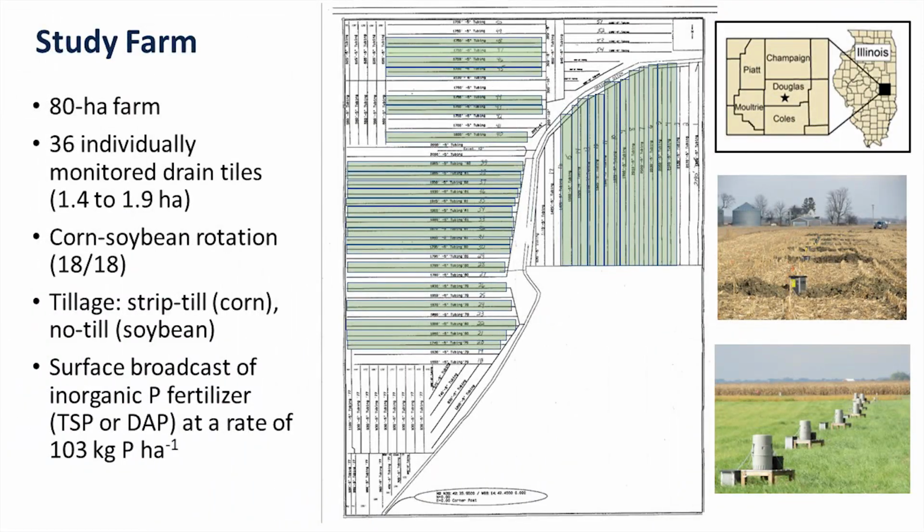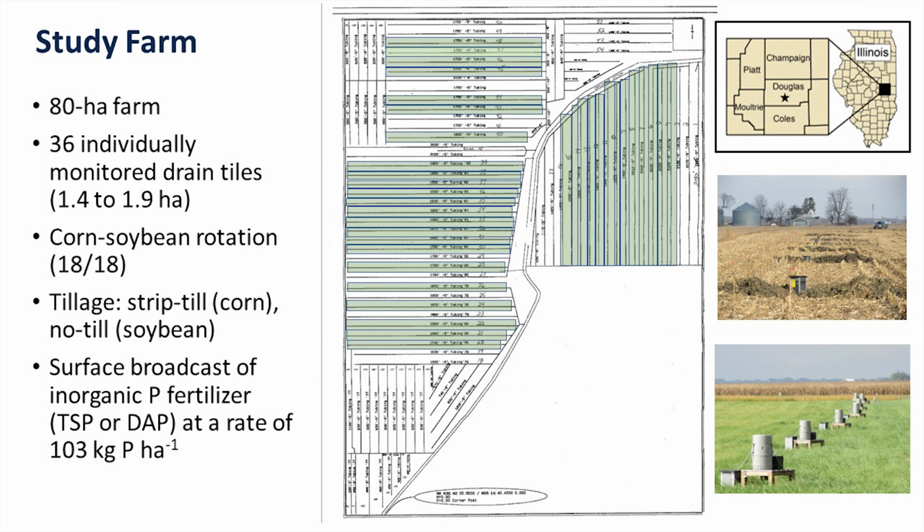About 40 years ago, a parallel drainage system was installed at the site, about 4 to 5 feet below the soil surface, with about 100-foot spacing. 36 of these tile drains are monitored, as mentioned previously, to measure flow and dissolved nitrogen and phosphorus in the tile water, and as you have heard, there have been many studies conducted at this farm. I'm going to talk specifically about work that was done when there was a corn-soybean rotation, about 18 of the tiles split between those two.